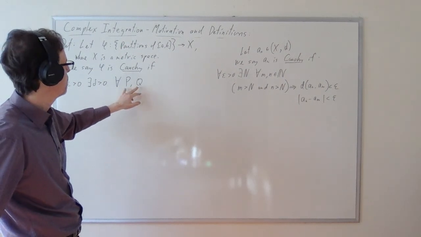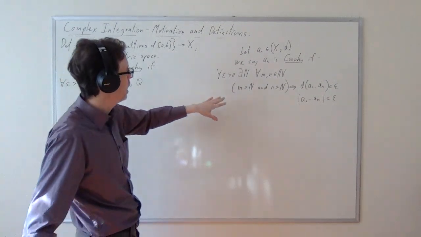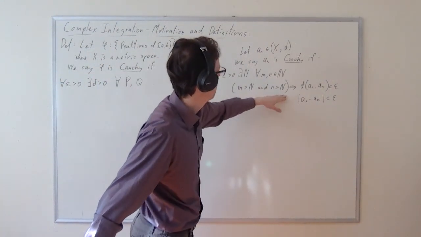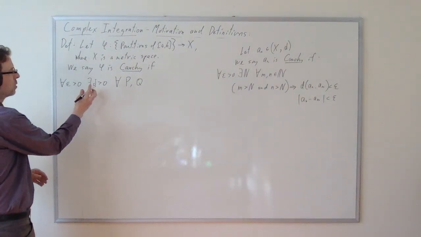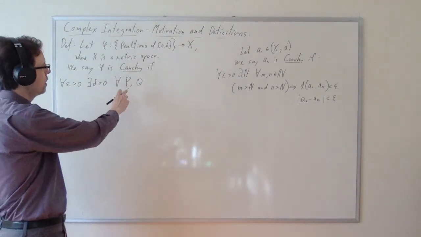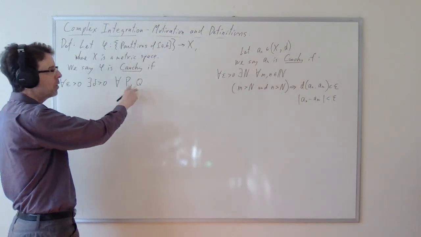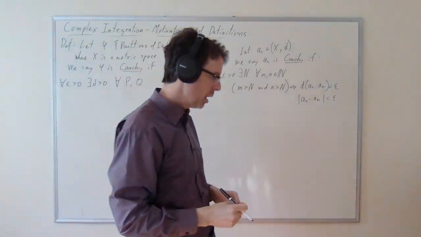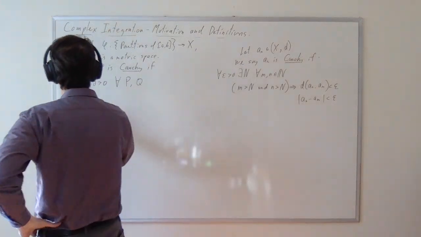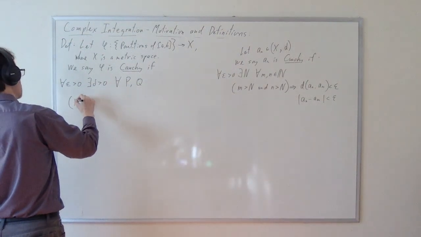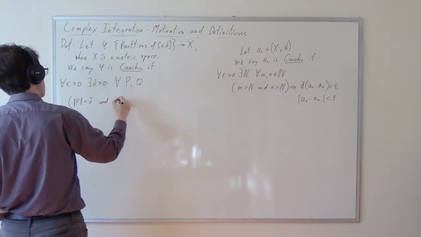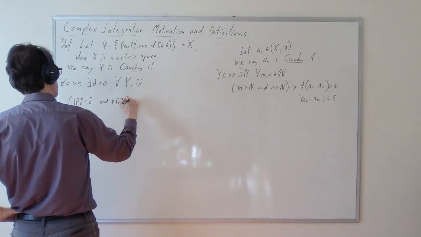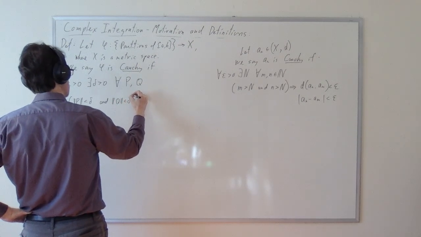So for every p and every q, we need to say that they surpass the criterion being imposed here. That means that the norm of p should be less than delta, and the norm of q should be less than delta.